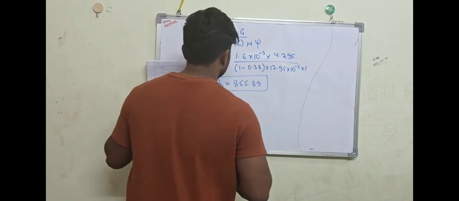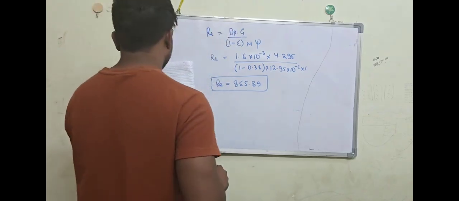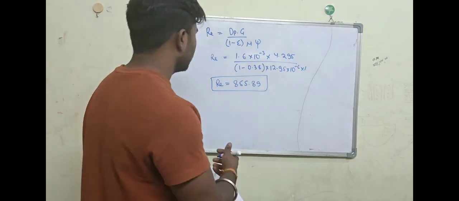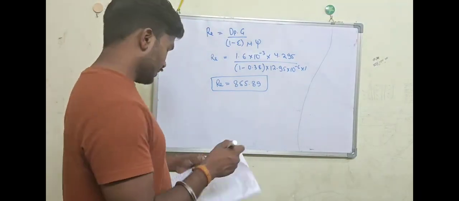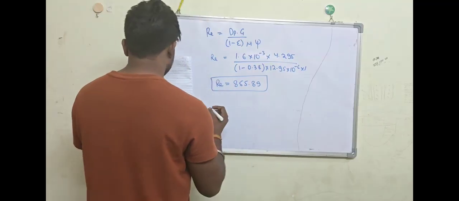This is the Reynolds number we are getting from the formula. So this is the laminar region. Let's proceed further.